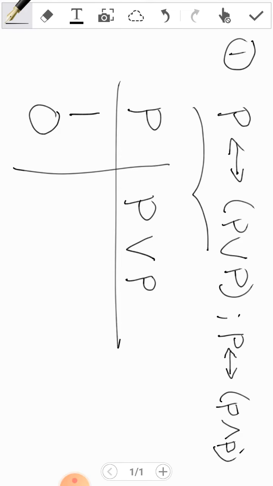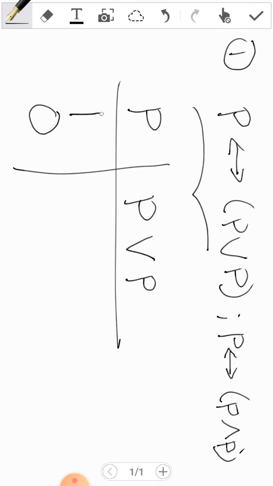Now, if we consider P or P, let's say the truth value of P is 1, or true. With the disjunction "or," if one proposition is true, then this must be true.